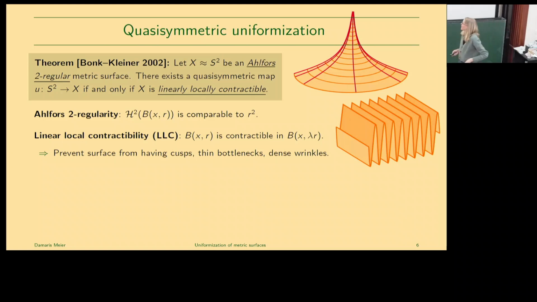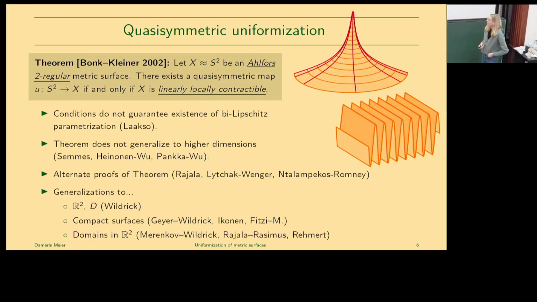So this is a really nice theorem. Of course, every metric surface that's bi-Lipschitz equivalent to S2 has to satisfy these conditions, but we could not replace the word quasi-symmetric by a bi-Lipschitz map. There exist examples of spaces that have these properties but do not bi-Lipschitz embed in any Euclidean space.